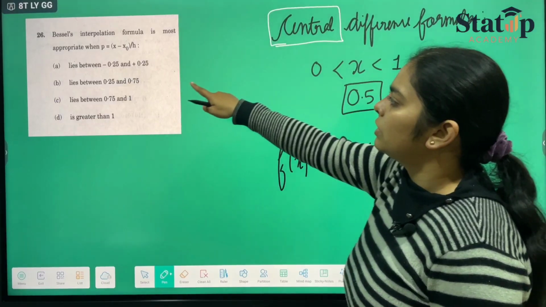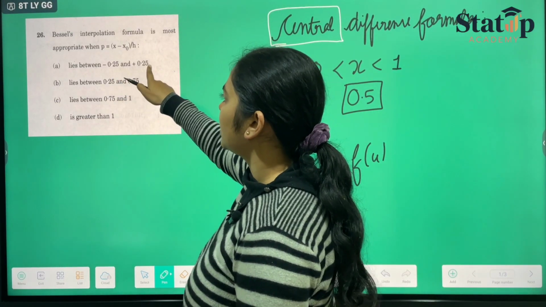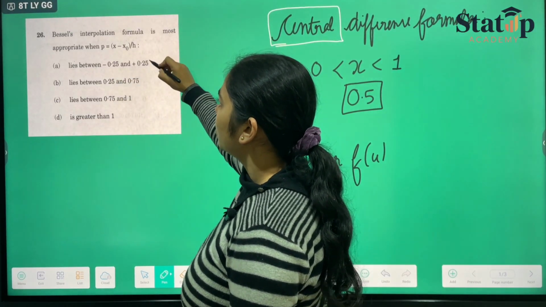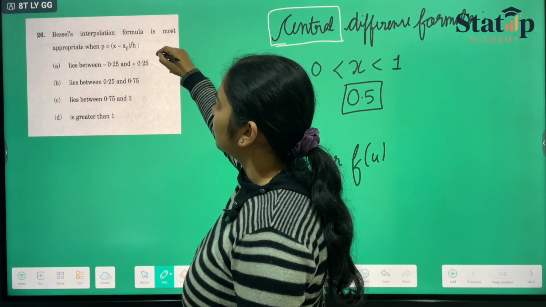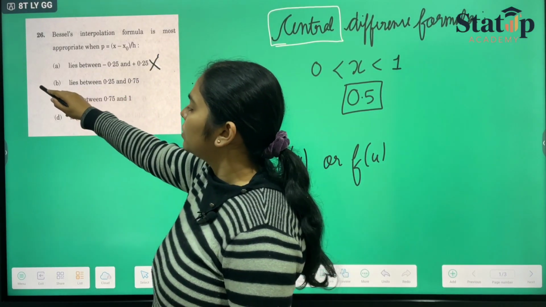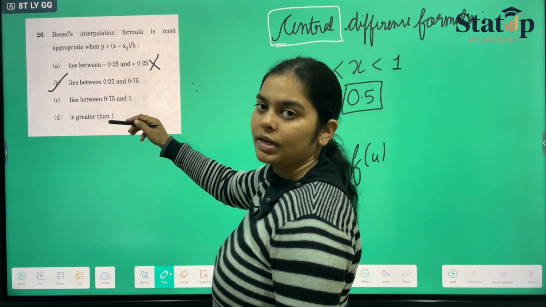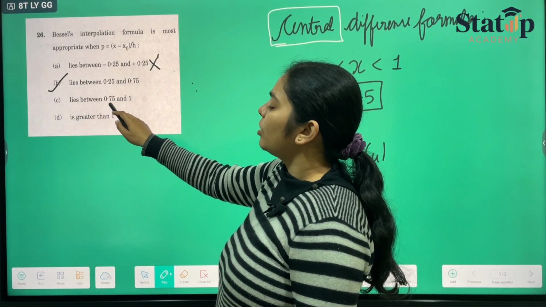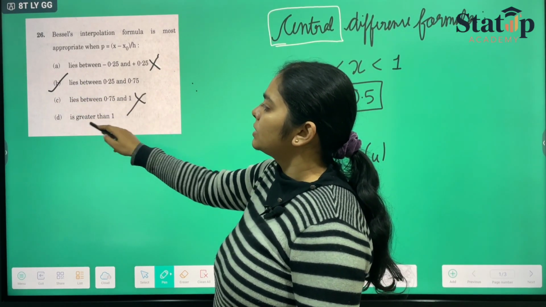And 0.5 lies in which range? Minus 0.25 and plus 0.25? No, it does not lie in this range. 0.25 and 0.75, yes, it lies between 0.25 and 0.75. Let us see the rest of the answers as well. Lies between 0.75 and 1? No. Is greater than 1?